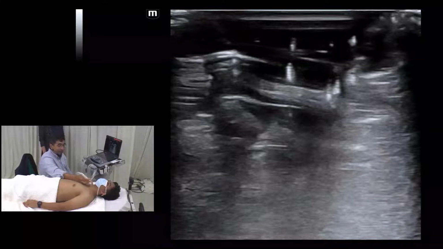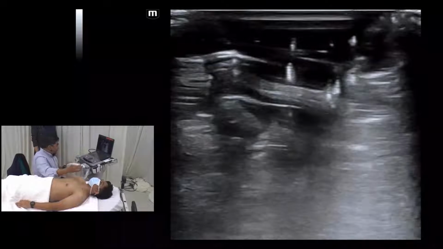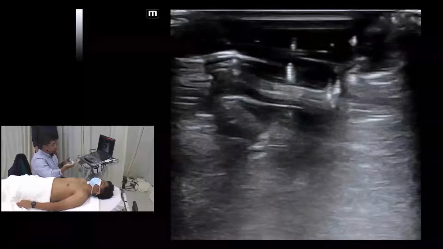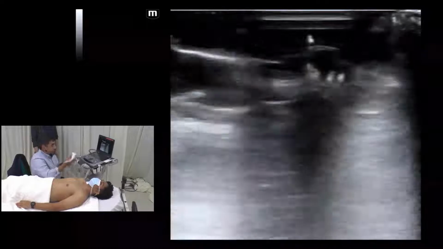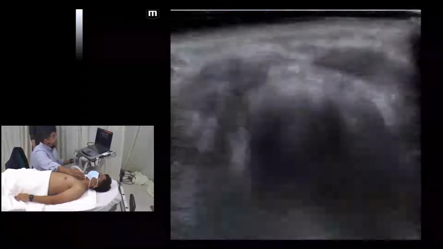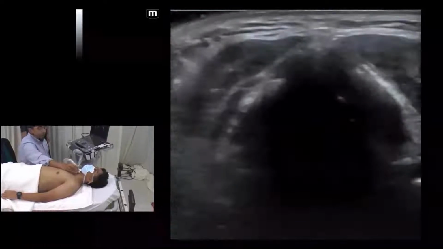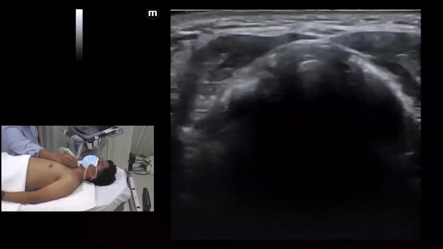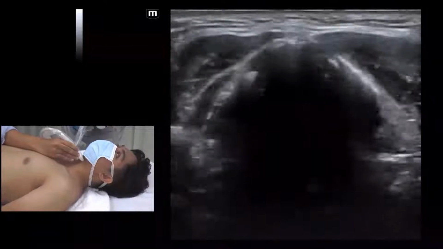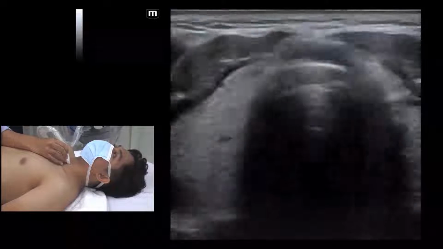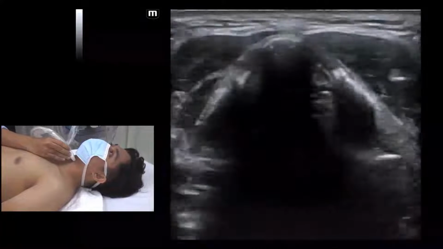I don't have the gel pad like what Professor Soy showed earlier, so we are going to use quite a bit of gel to facilitate our ultrasound examination. So just roughly put it on the anterior part of the neck here, and you will see some structures which I will explain in a short while.